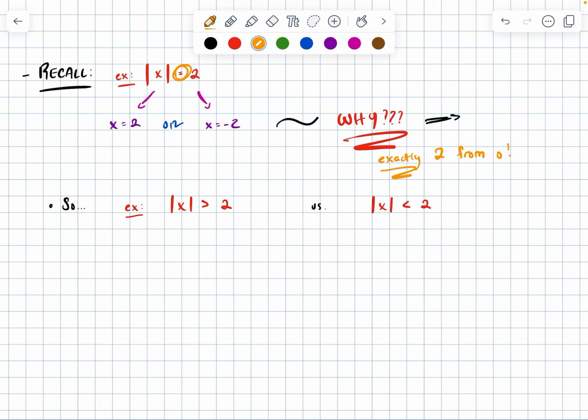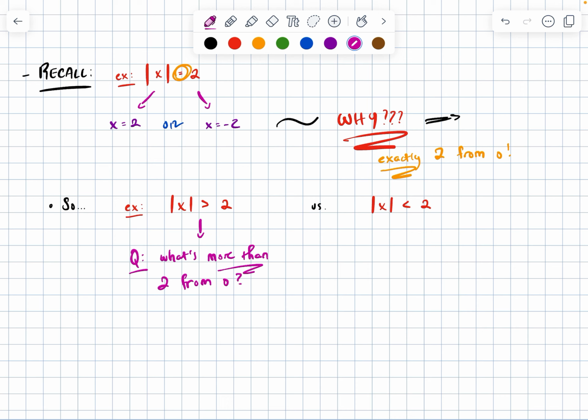Okay, well, if I want the absolute value of x to be greater than 2, the idea here is that instead of wanting the stuff that's exactly 2 units away from 0, instead what I want is the stuff that's more than 2 away from 0.